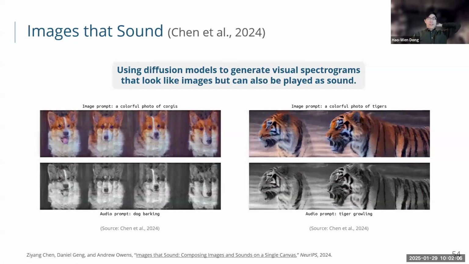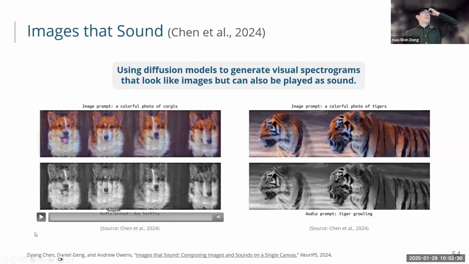Lastly, I want to show this. It's from our colleagues in the ECE department. They've worked on a very cool project called Image That Sound. We talk about spectrograms, and this is a very interesting project where they use a diffusion model to generate a spectrogram that you can look at, but you can also hear the sound.